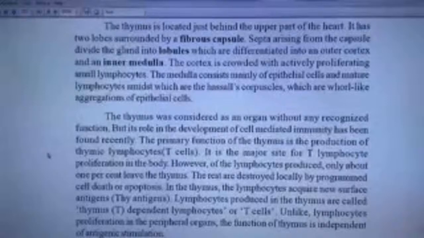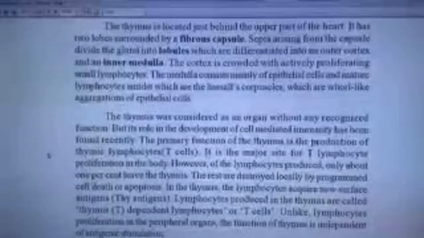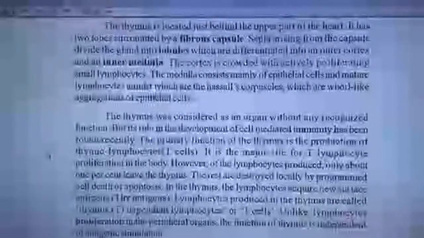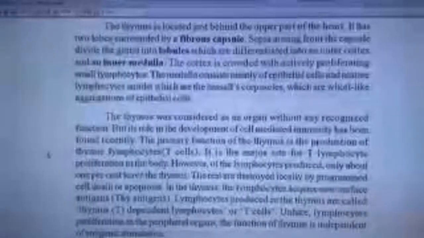Septa arising from the capsule divide the gland into lobules, which have an outer cortex and an inner medulla. The cortex contains small lymphocytes. The medulla consists mainly of epithelial cells and mature lymphocytes, along with the Hassall's corpuscles, or whorl-like aggregations of epithelial cells.